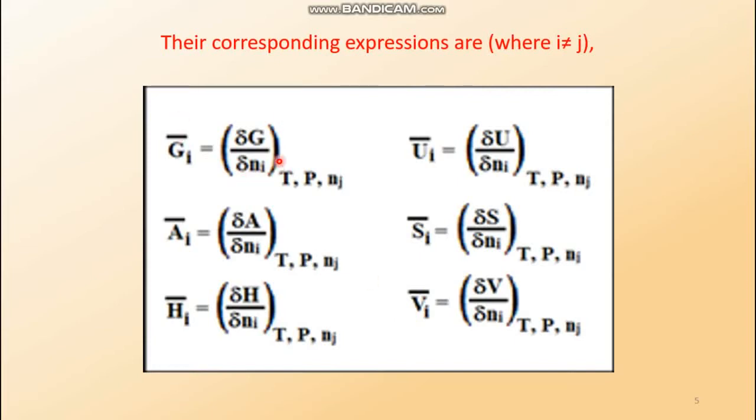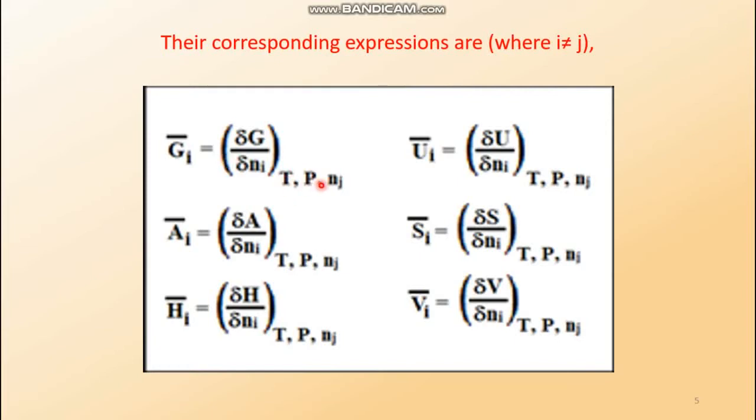Now out of these 6, only this part is also known as the chemical potential, and the other 5 are not chemical potentials. They are only partial molar properties. Only this partial molar property is similar to the chemical potential of the system.